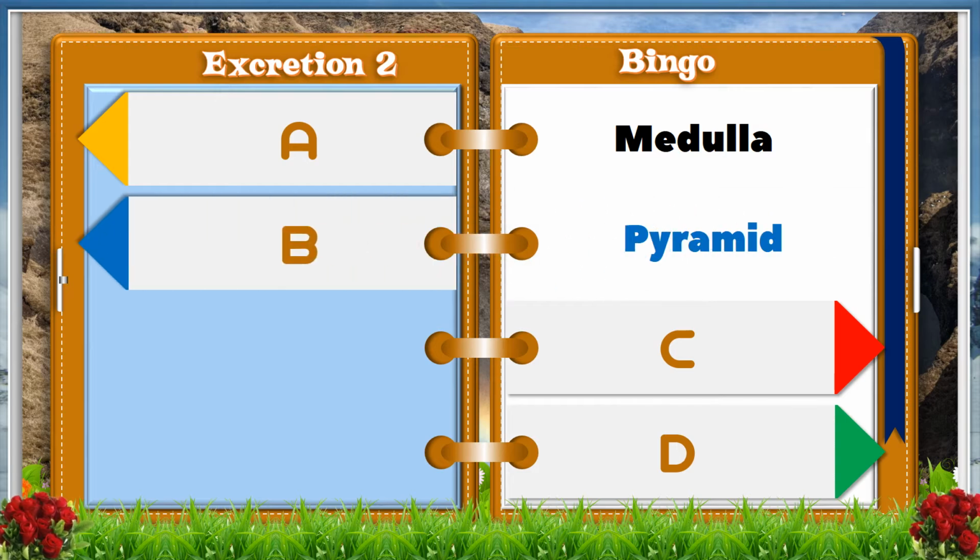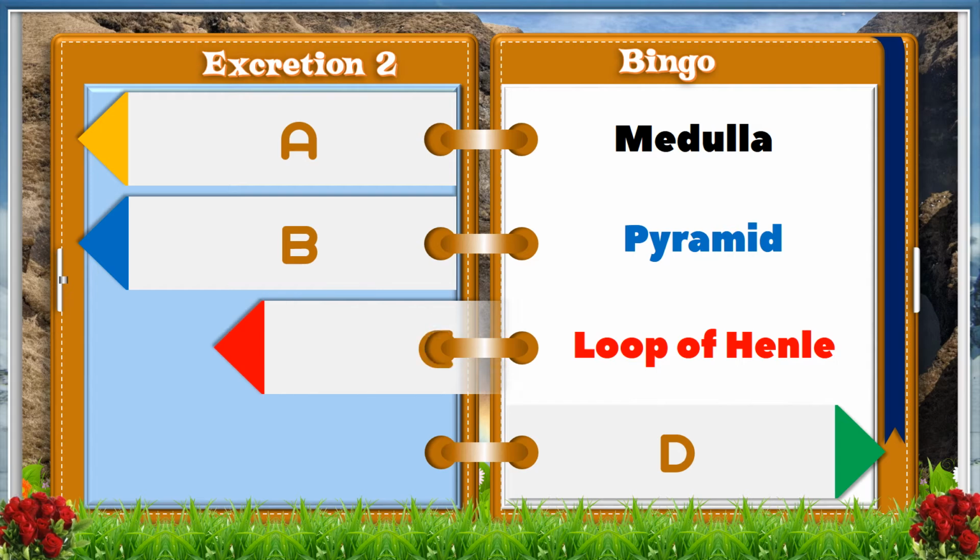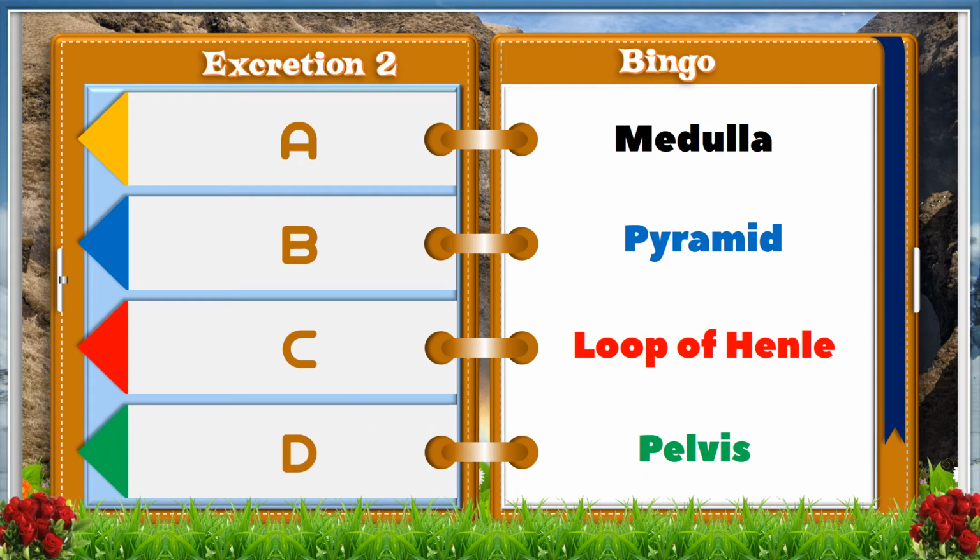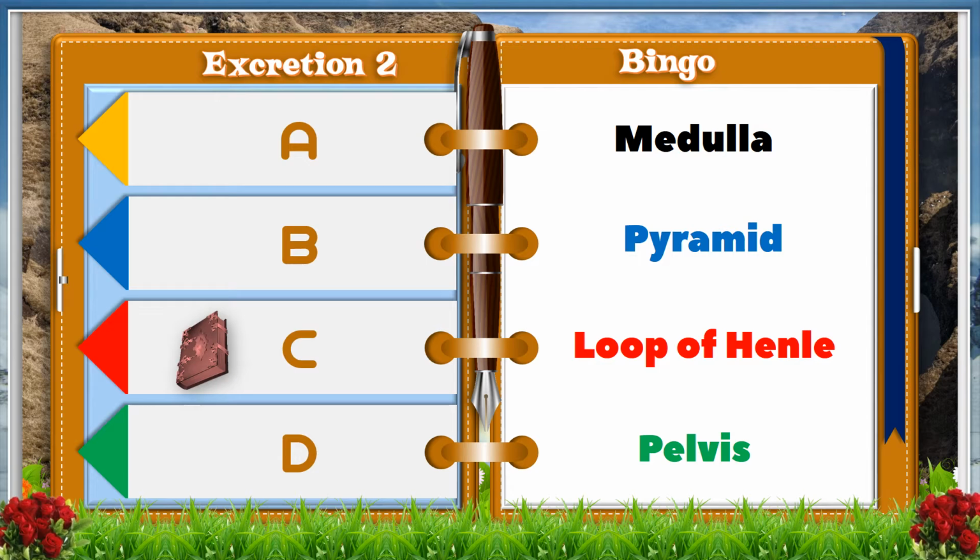B. Pyramid. C. Loop of Henle. D. Pelvis. And the answer is C. Loop of Henle.